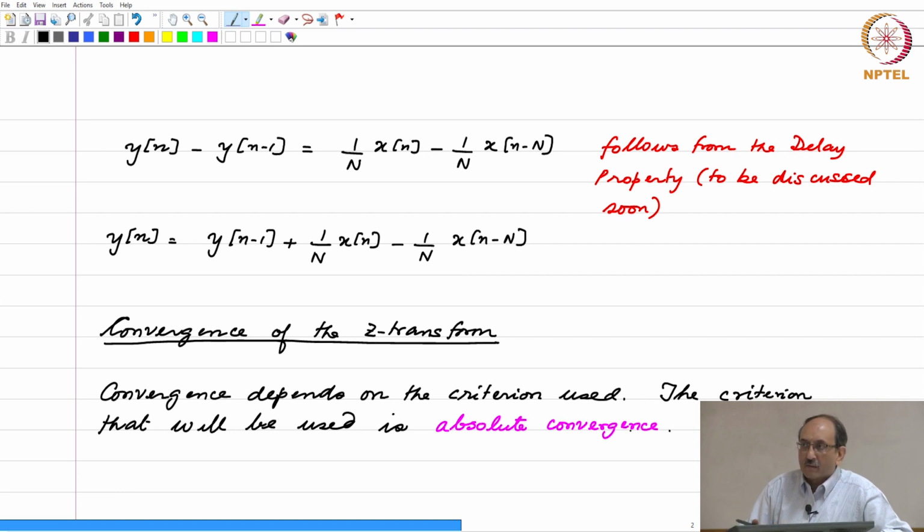And what is then some other convergence criterion that this terminology triggers that you may have heard of? In terms of integrals, remember, I am recalling what you may have learnt in Laplace.